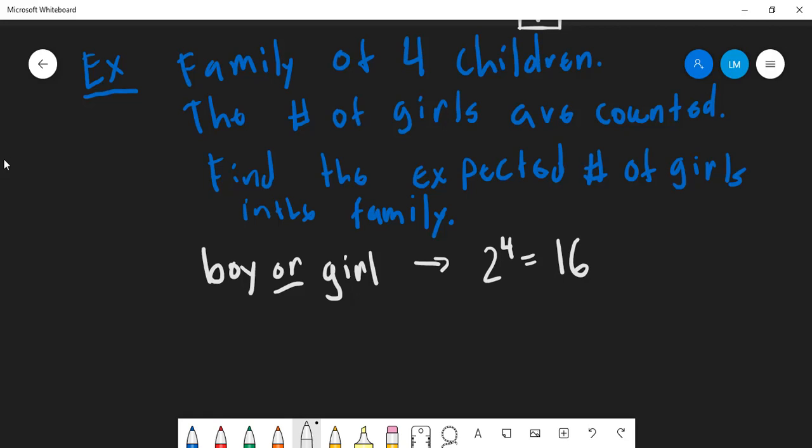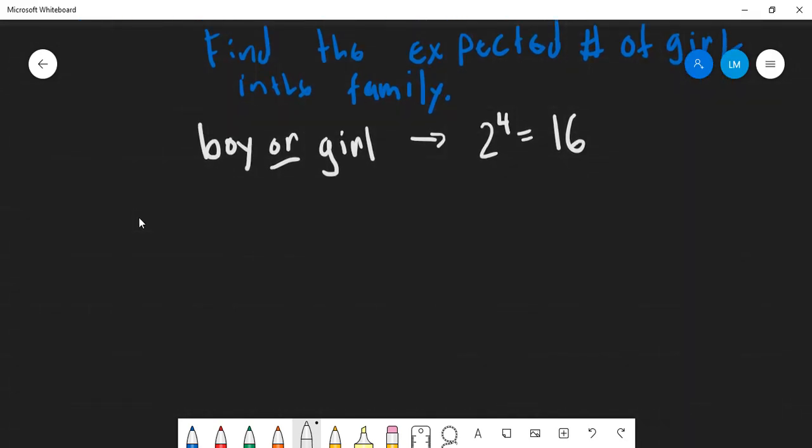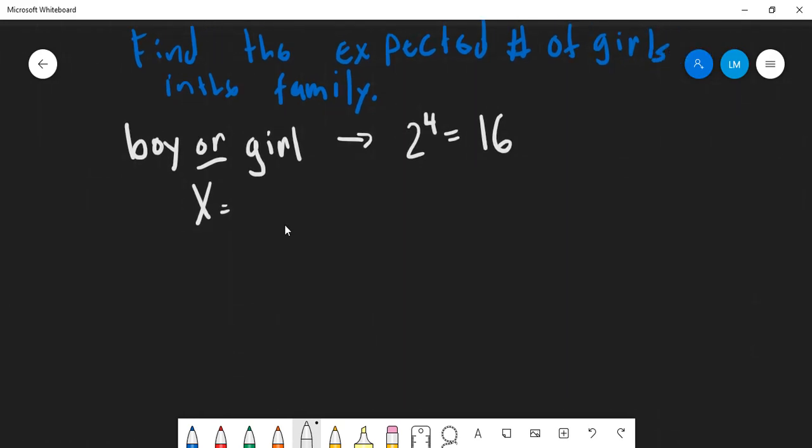The next step is to figure out what my random variable is. My random variable is the number of girls in the family. So the possibilities are no girls, which means all boys, so that's 0.